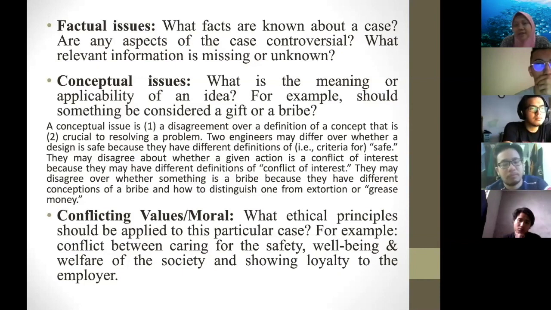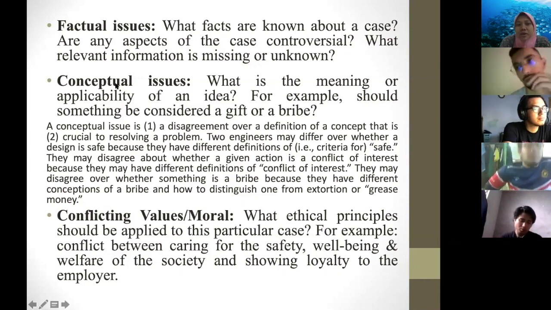We can write something like that. It means everything which is clear cut, what is there and not there. That's number one. Number two is conceptual issues. What does it mean? It just means something that's conflicting. For example, can you read over here?